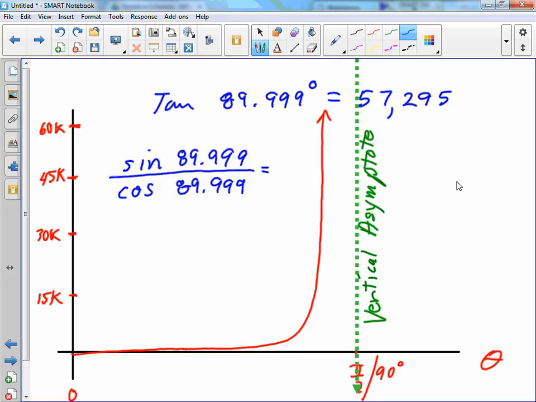Okay, so this is almost 1. And what about the cosine?